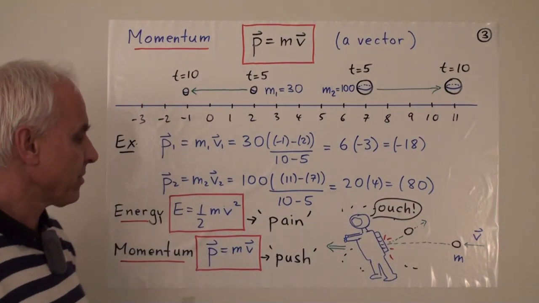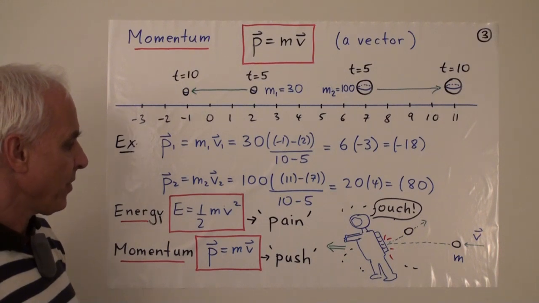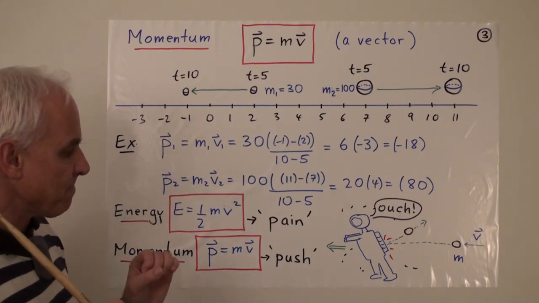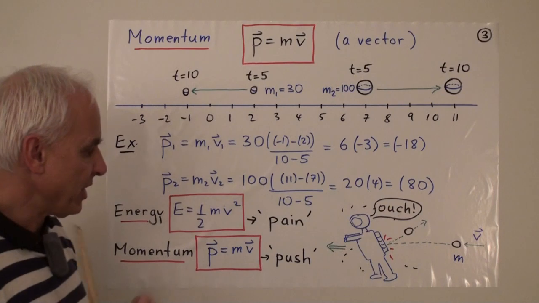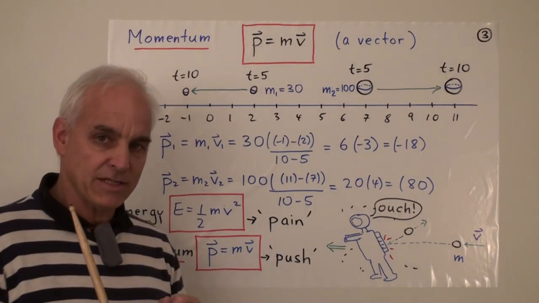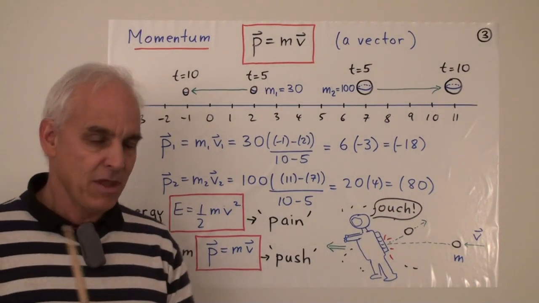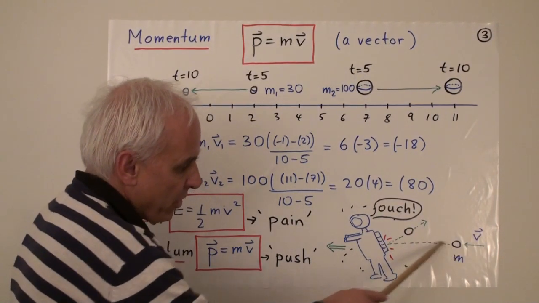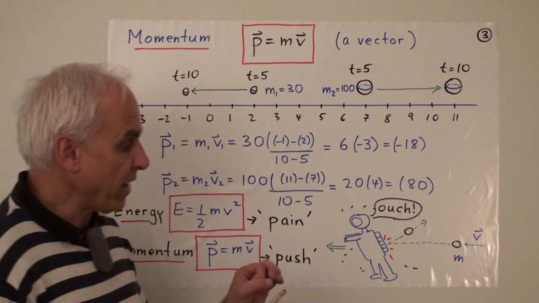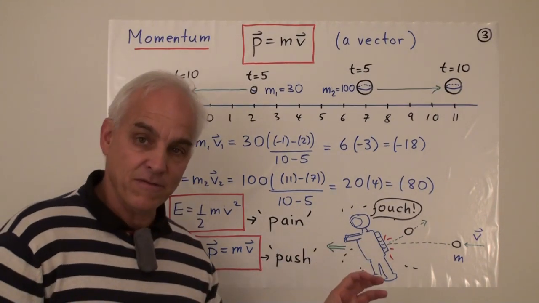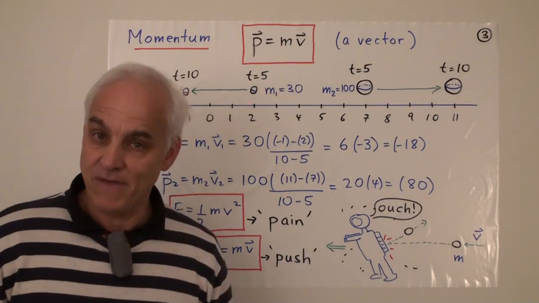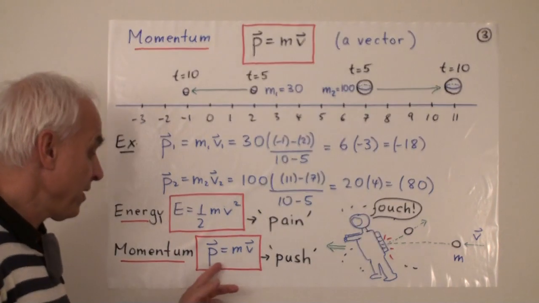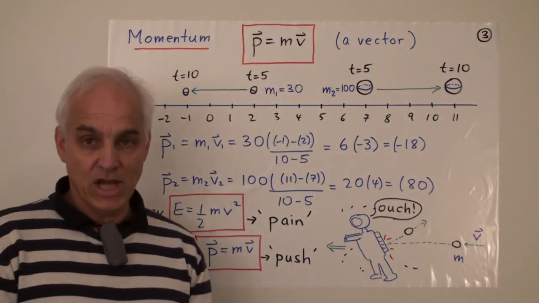Okay. So if you have the same momentum but different masses and velocities, you can get different energies. For example, if we replace this particle coming in with a particle that was twice as massive but half as fast, then the momentum wouldn't change.